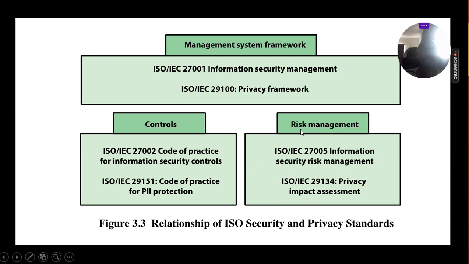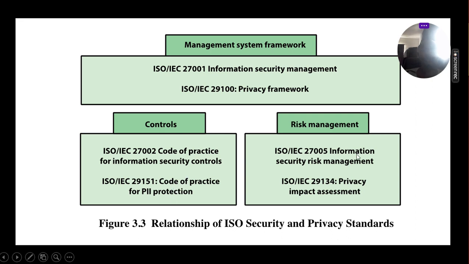So we have two sections of this, and figure 3.3 is showing the relationship between ISO security and privacy standards. So this is for 27002, code of practice for information security controls. But the 29151 is code of practice for PII protection, personally identifiable information protection.